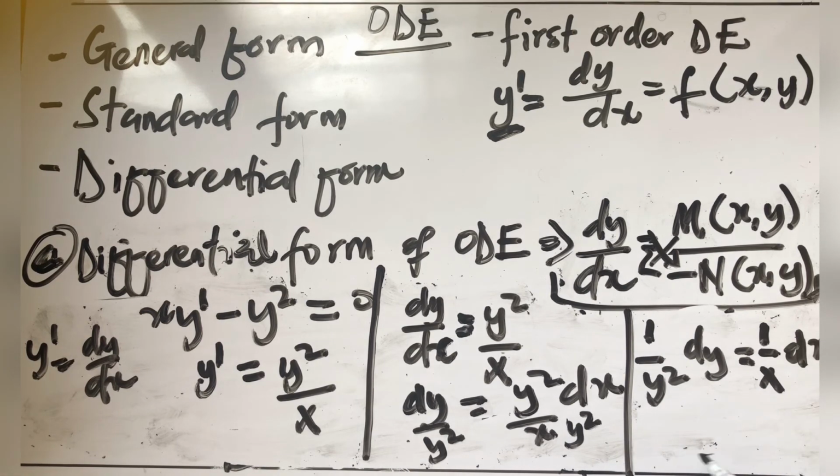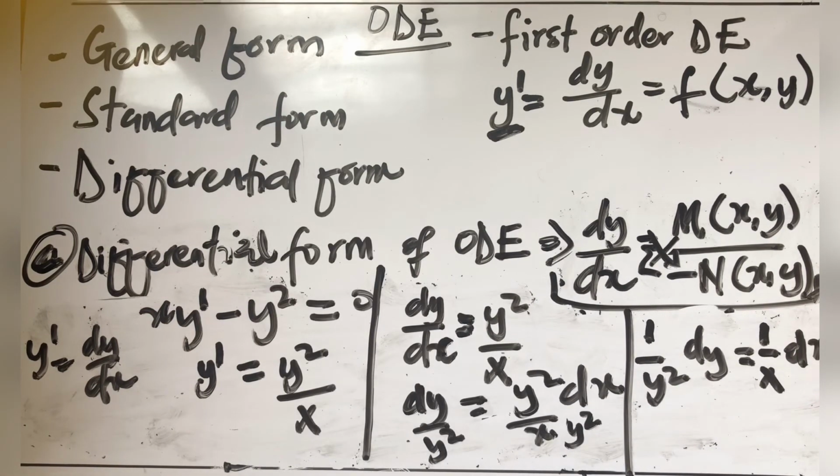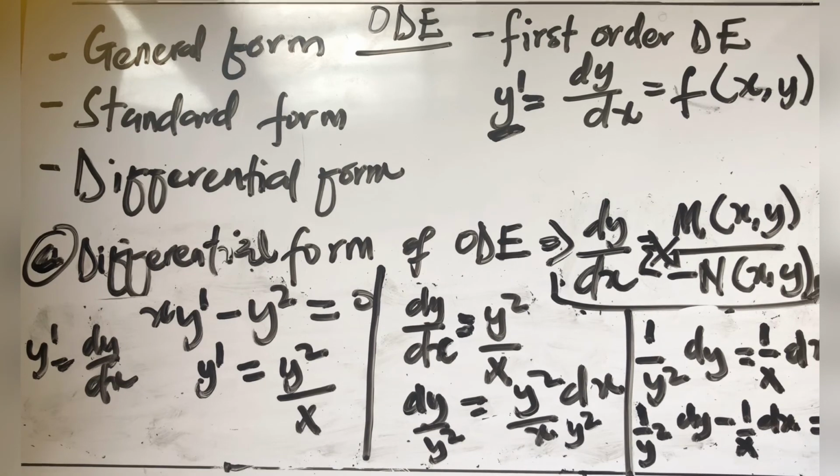Now you can further write this in general form. All you will be doing is writing 1 on y squared dy minus 1 on x dx equals 0. This is what it will look like.